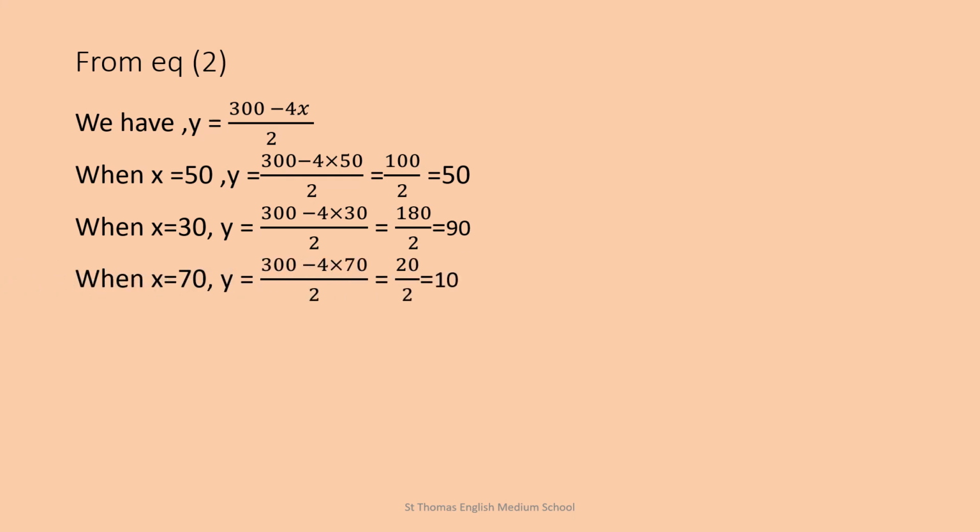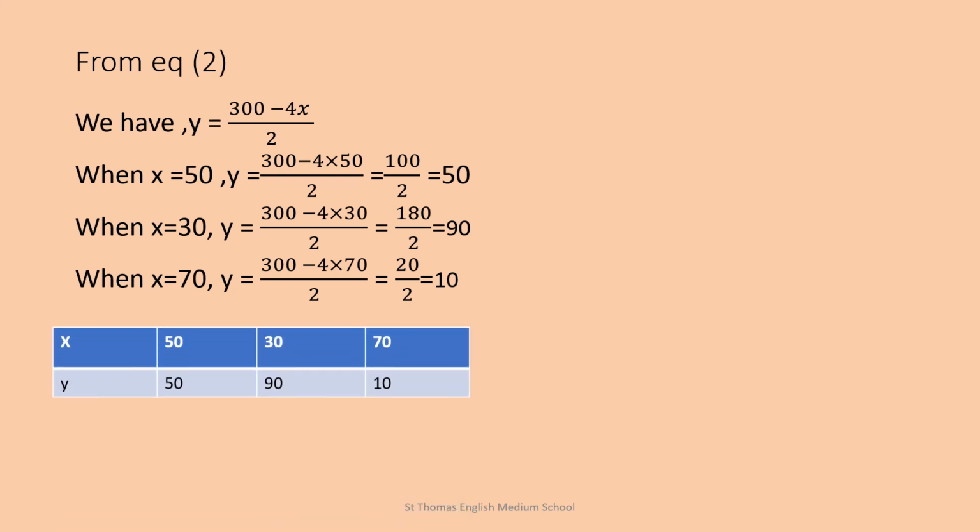When x equal to 70, y equal to (300 minus 4 multiplied by 70) upon 2, that is 20 upon 2, that is 10. Now you can represent the values of x and its corresponding value of y in the tabular column. So you will get the three coordinates as (50, 50), (30, 90), (70, 10).